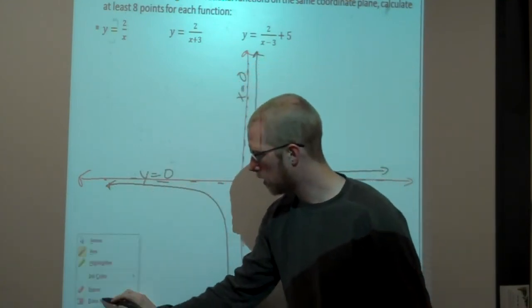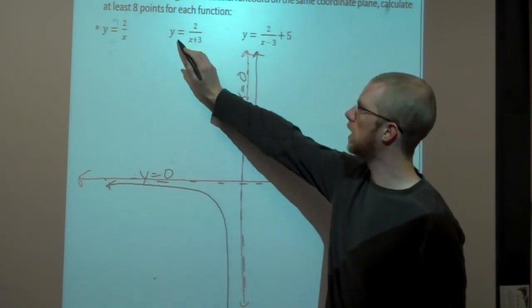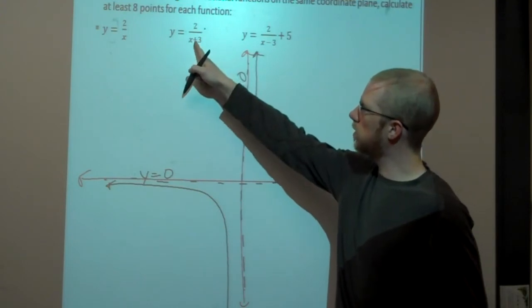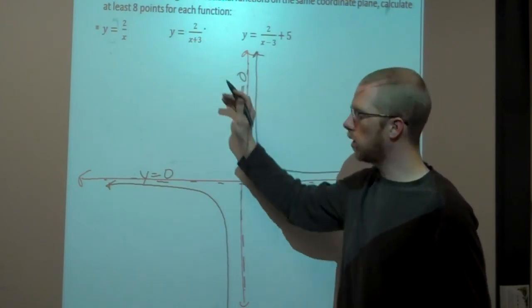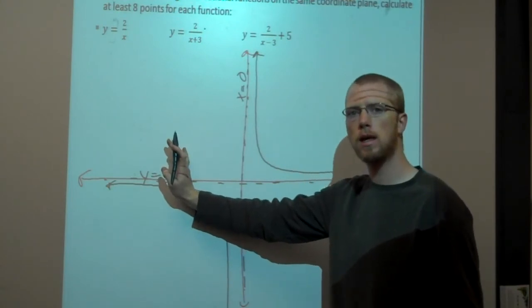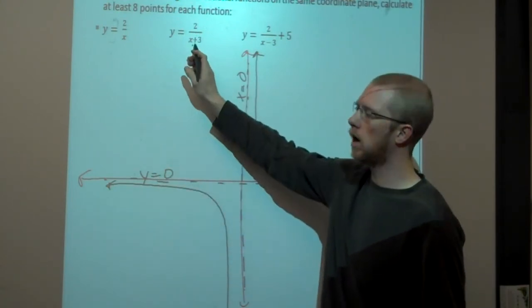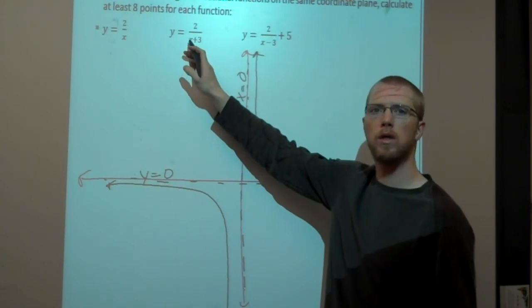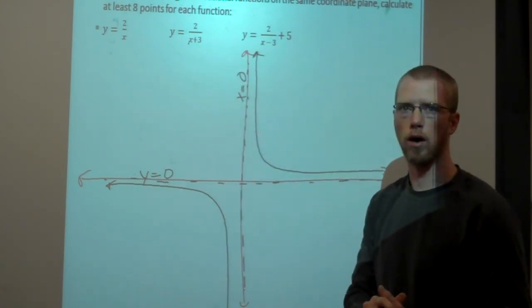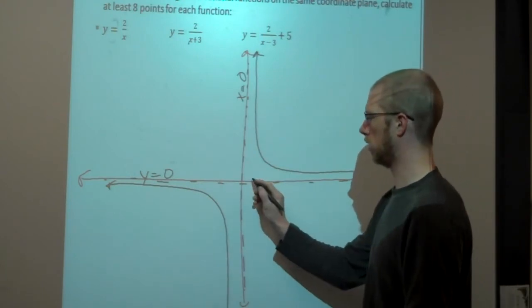Well, let's look at this first one here, y equals 2 over x plus 3. What this plus 3 will do is shift my graph 3 to the left. It always goes in the opposite direction because we know it was x minus h in the denominator, or x minus a as many books call it.